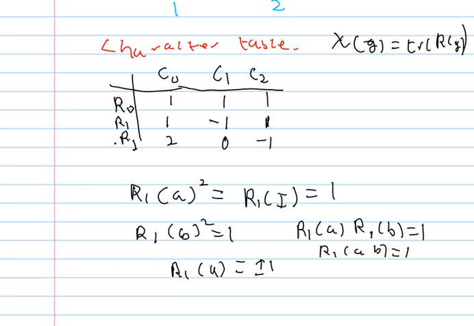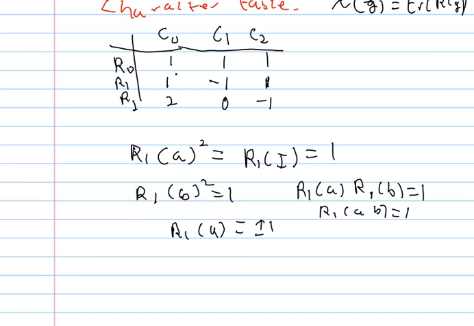So this is our character table. And we can go further. We can write down the one-dimensional irreducible reps because they are the one-dimensional irreducible reps. And the last thing I'm going to do in this video is find the projectors.